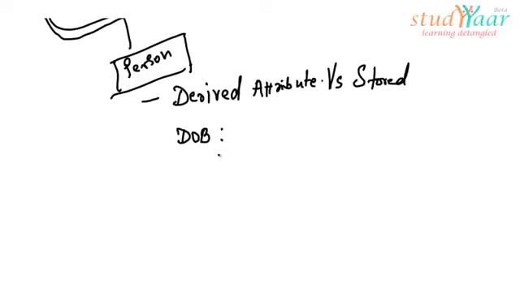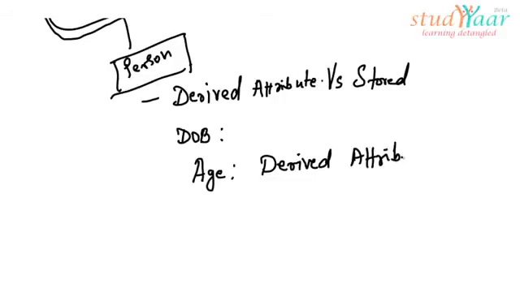From this attribute, we can at any time find out the age of the person, right? So from the current date, if we subtract the date of birth, we would get the age. There is a set mathematical formula to do that, right? So in such cases, we say age is a derived attribute. And date of birth is a stored attribute.